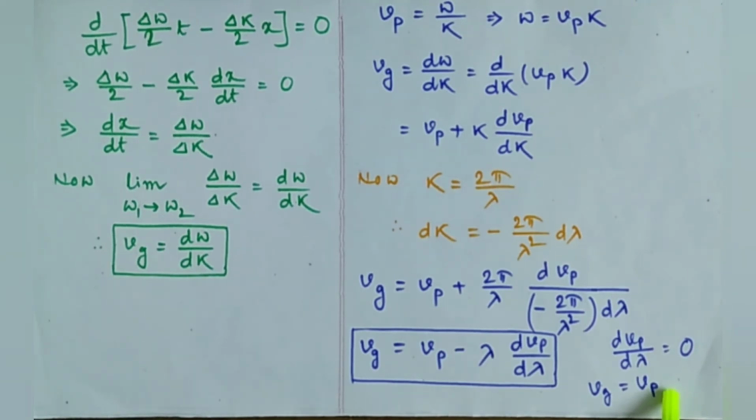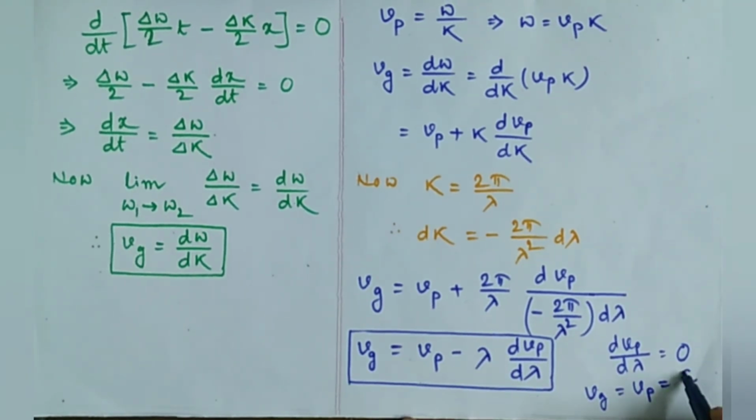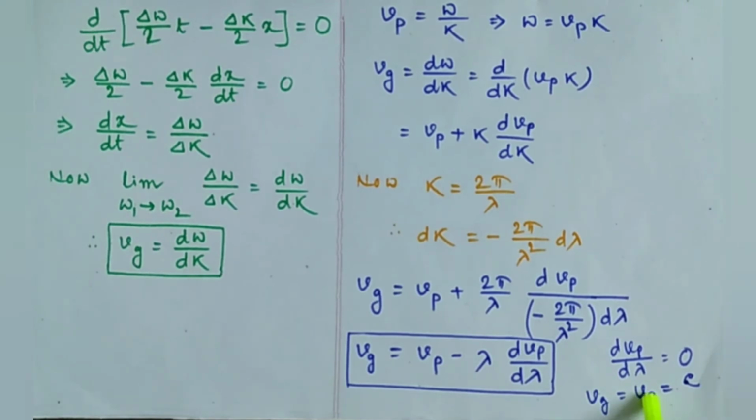For example, the light wave in vacuum has no dispersion, and in that case the group velocity of the light equals the phase velocity of the light equals the velocity of light in vacuum. This is also true for elastic waves in a homogeneous medium.